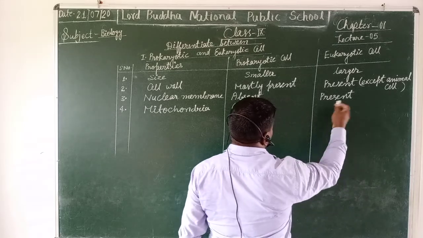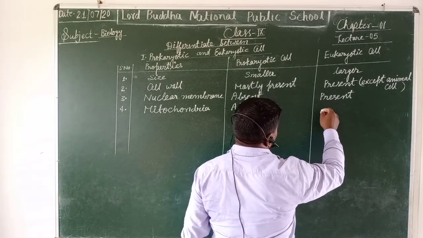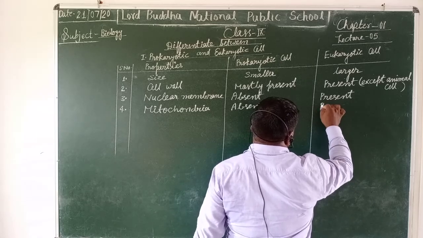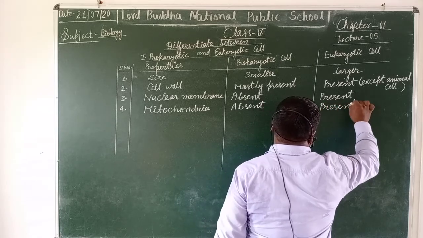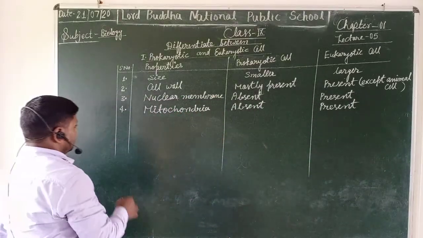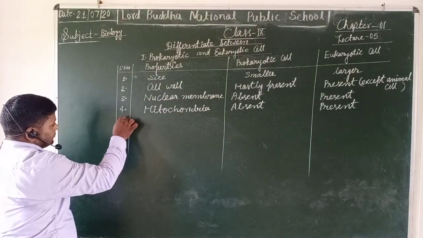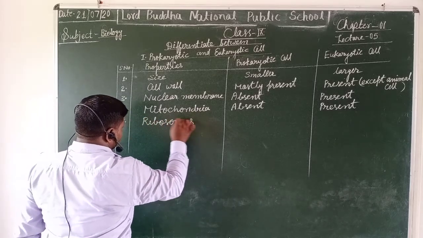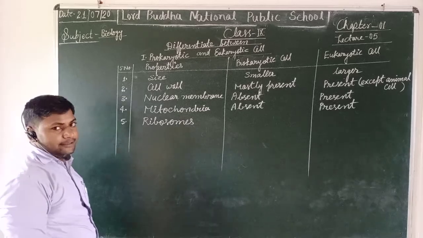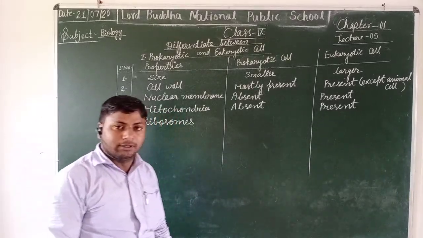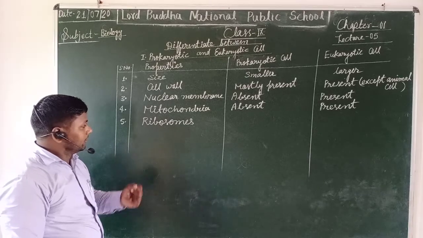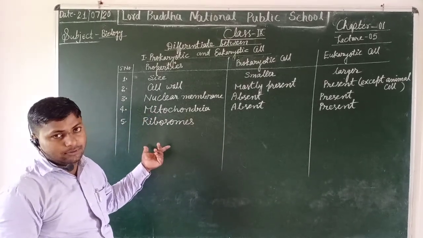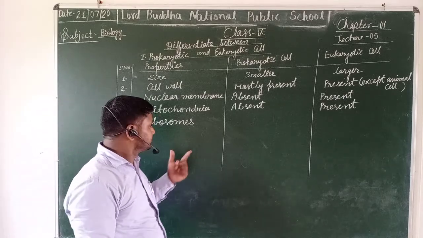Now students, whereas in eukaryotic cell, as all of you know, mitochondria, the powerhouse of the cell, is present. Next, ribosomes. Ribosomes are regarded as protein factory, as we know very well, because they are helpful in the synthesis of various types of proteins.